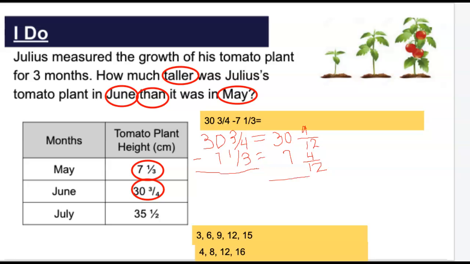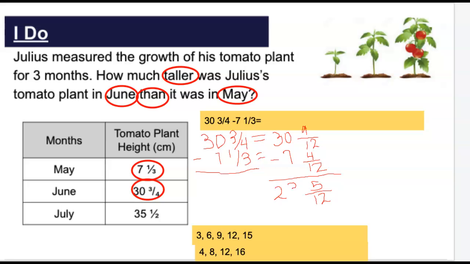Now that I have the same denominator, I can solve my problem by subtraction. So I am going to subtract 4 from 9, and that gives me 5. Bring down my denominator. Now I'm ready to subtract the whole numbers. 7 from 30 gives me 23.